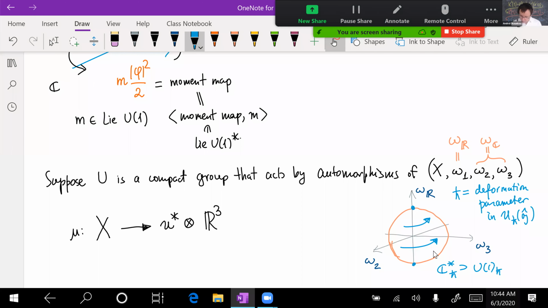So if we would like to preserve this equivariance, then we need to choose. Inside here, we would like to pair it, rather maybe project it. So we'd like to pair it not with an arbitrary element of the Lie algebra, not with 3 arbitrary elements, but an element that sticks into this real direction.